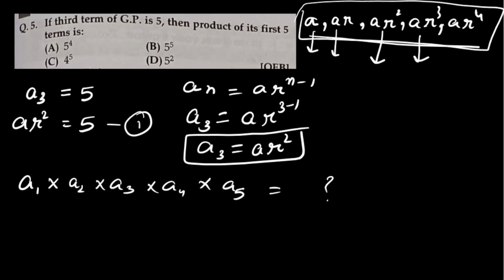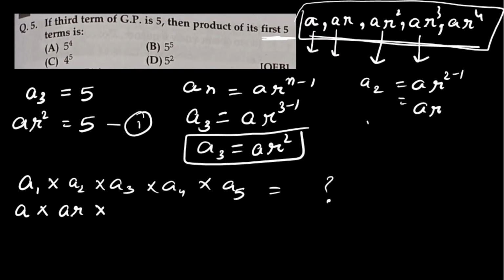If you expand their formula, the first term is A only, into A2, which is A into R to the power 2 minus 1, that is AR, into A3, which is A into R to the power 3 minus 1, that is AR to the power 2.